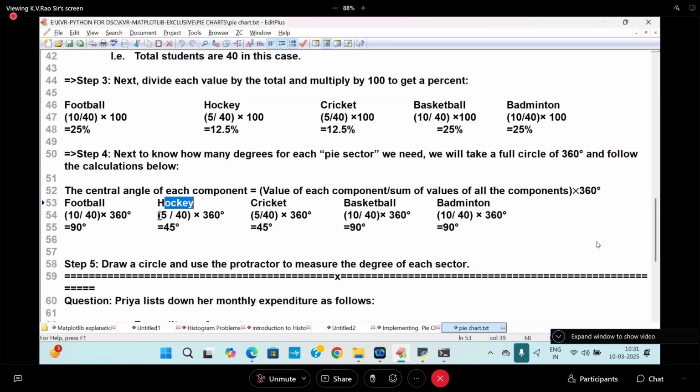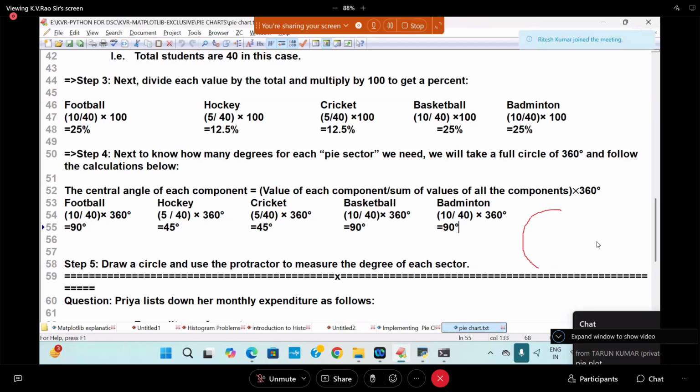Hockey 5 by 40, into 360, 45 degrees. Cricket 5 by 40, same 45. Basketball same 90, badminton same 90. 90, 90, 90 is 270, plus 90 is 360.